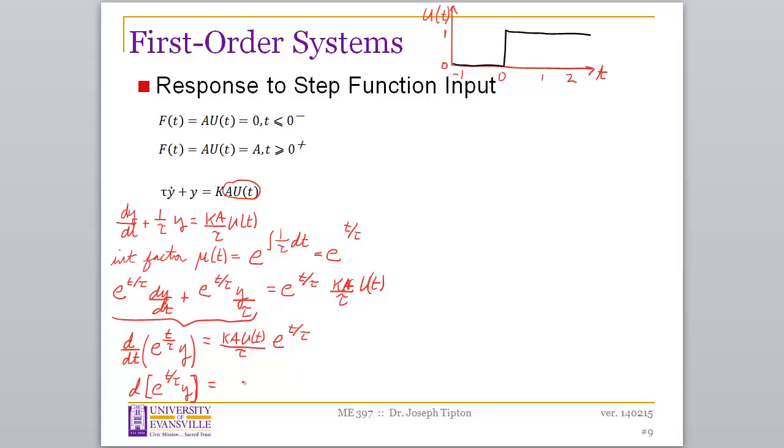And then on the right-hand side, I'm going to end up with k a u over tau e to the t over tau dt. And I can integrate both of these sides. Let's do that. I'm going to integrate this from 0 to t, and then I'm going to integrate this expression as well from 0 to t.